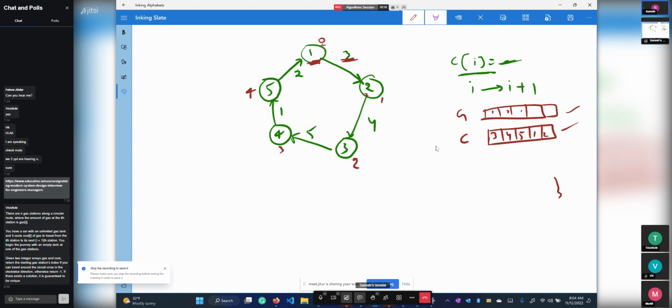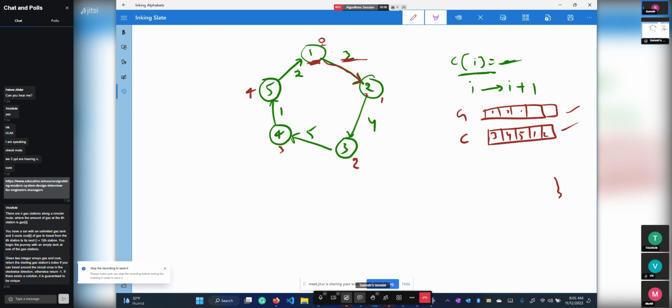That's what they are calling cost. Cost in the sense of, in order to travel from one to two, you need three gallons of gas. I don't want to call it miles.